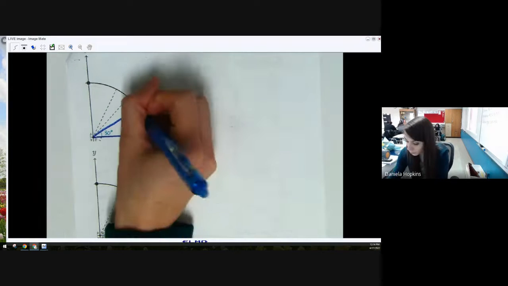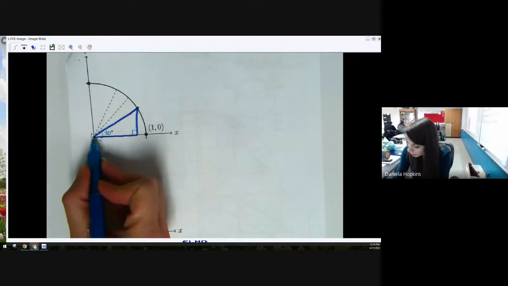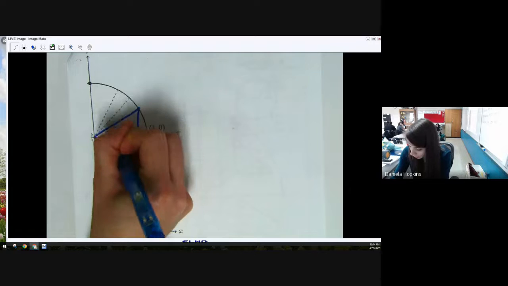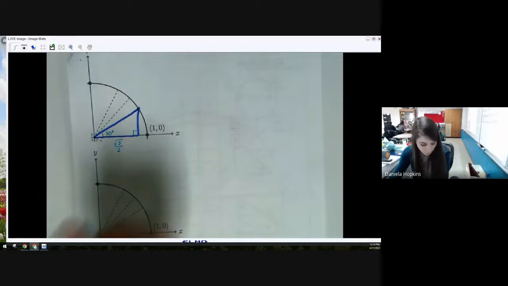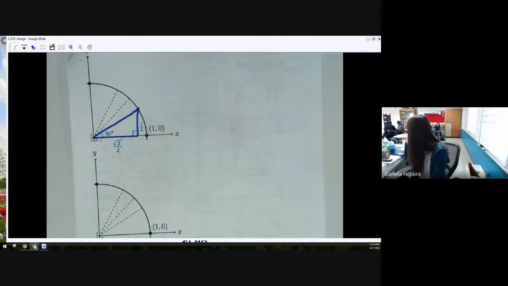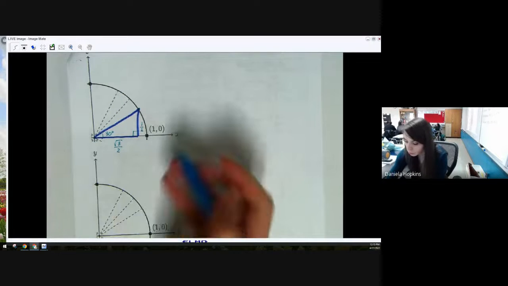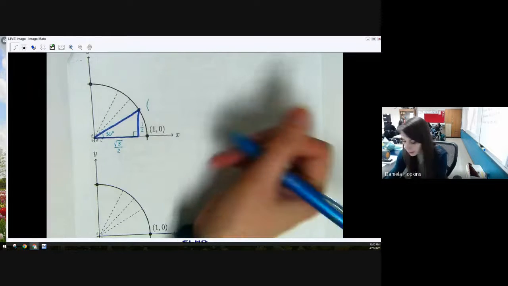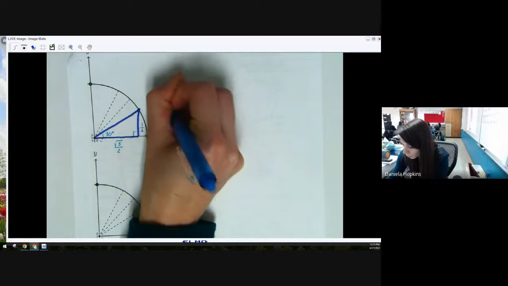What that means, if you remember your rules from the 30, 60, 90 triangle, is this length here is the square root of 3 over 2. That's using that 30, 60, 90 rule. And this height would be 1 over 2. What that means is if this length is the square root of 3 over 2, as a coordinate point, that's our x, right? And our y would be 1/2.